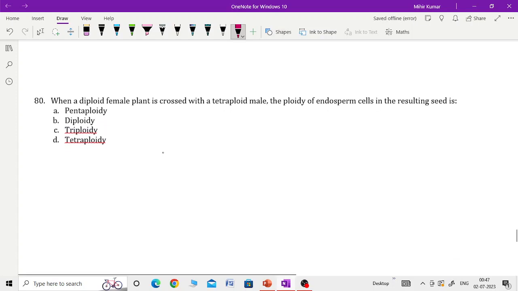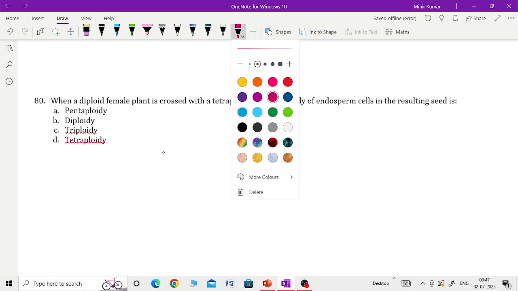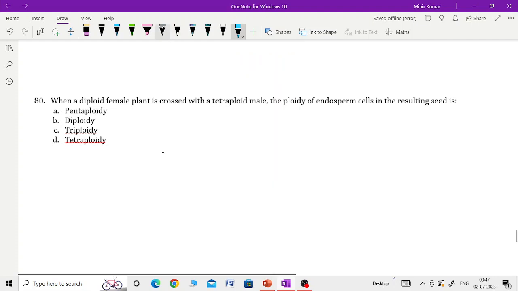This is a very interesting question, number 18. When a diploid female plant is crossed with a tetraploid male, the ploidy of the endosperm cell in the resulting seed is asked. First of all, we will learn how the endosperm is formed in a normal seed.